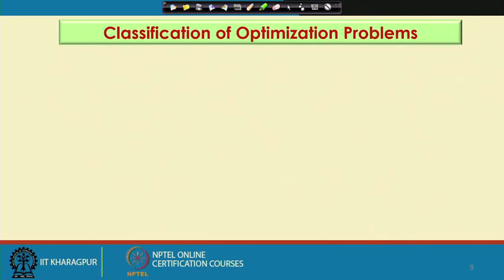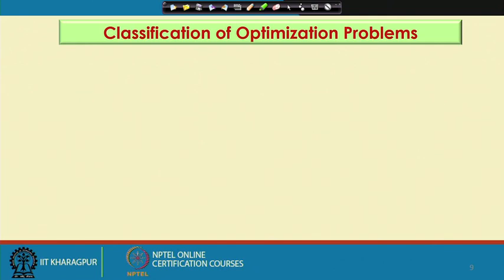The presence of functional or behavior constraints is not a must for all optimization problems, but the geometric or side constraints are to be there for all optimization problems. So, this is the way we can mathematically express the optimization problem.